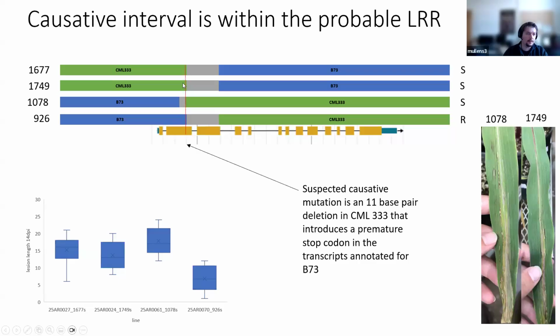And you can see that the individual recombinant lines that had that 11 base pair mutation were more susceptible compared to the one that didn't here. And so we can reasonably say that this is the causative mutation for the susceptibility phenotype we see in CML333.